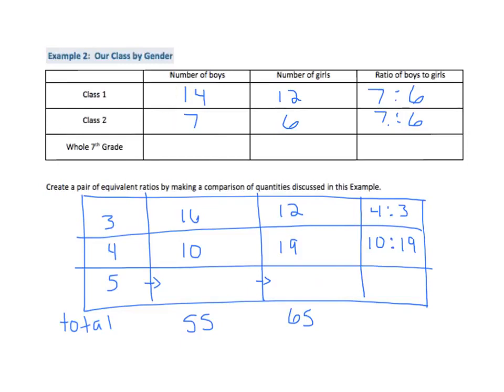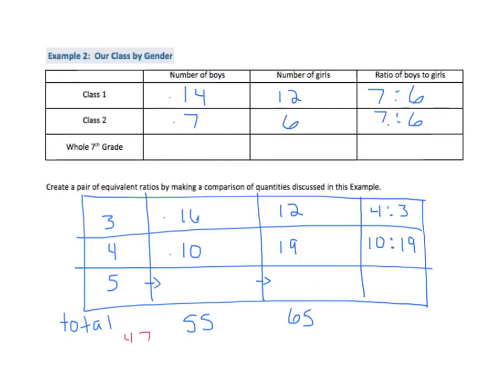The easiest way to do that is to total all of these, and then how much would it be to get to 55? So, for example, 14 plus 7 plus 16 plus 10 is 47.